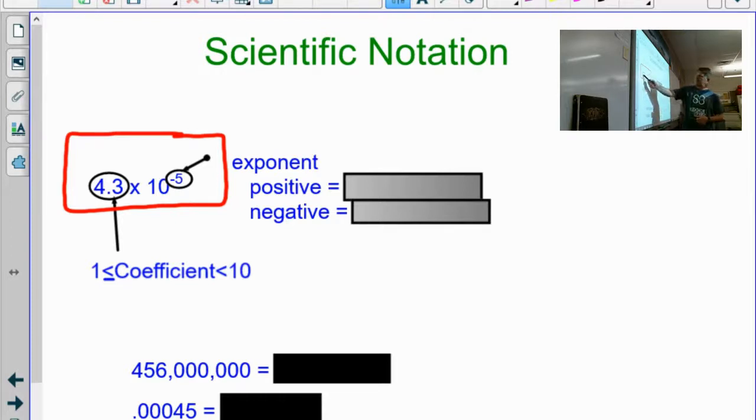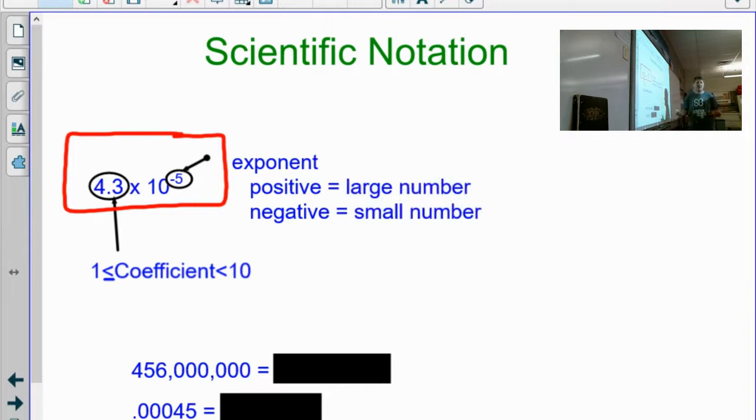So you're going to have a number, a decimal, and then the rest of your non-zero numbers. Okay, and then it's going to be times 10, and then you're going to have your exponent, which is basically your power of 10. And so if you have a negative exponent, you're going to be talking about a really small number. If you have a positive exponent, you're talking about a really large number.